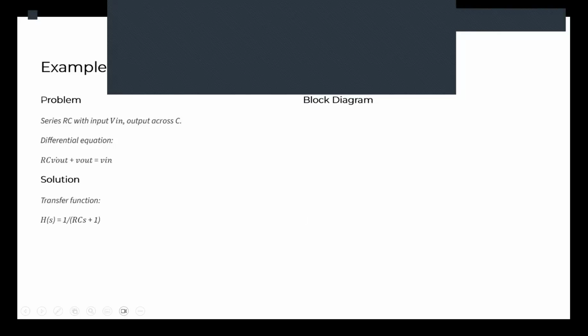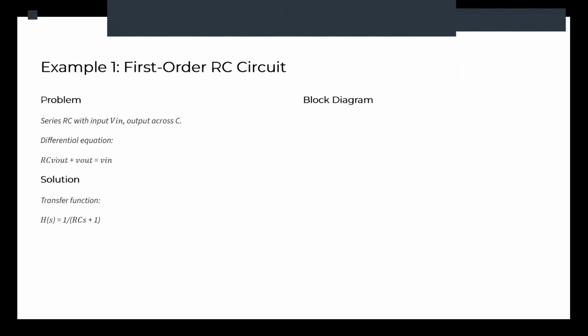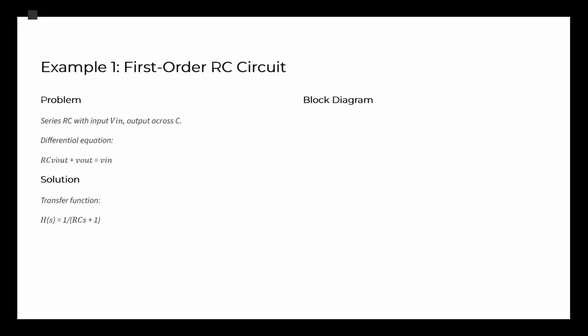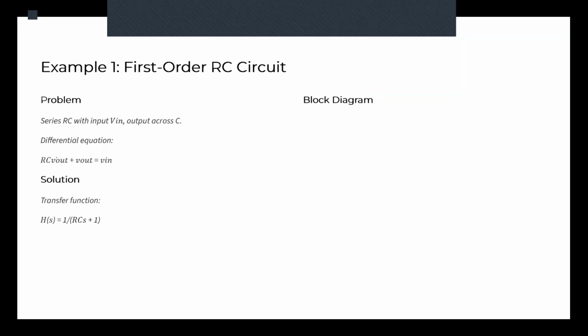Now, the first 6 examples are the same as we talked about in the previous series of examples. So I don't talk about what's happening when we want to calculate the transfer function out of the circuit.